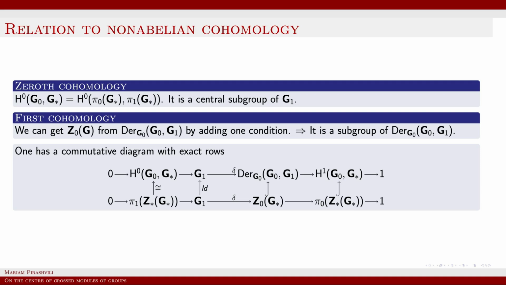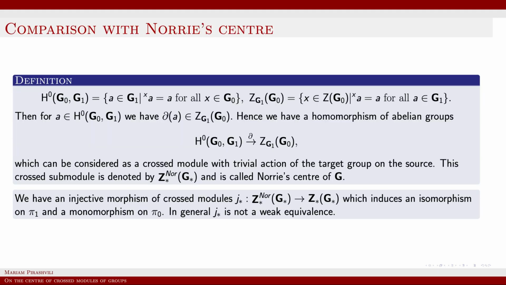Derivations are not exactly Z0, but if we add one condition... For derivations we had two conditions, whereas for the definition of Z0 we had three conditions. Some pages ago, I'm not going to go that far. So it's just missing one condition, so it's very closely related. And we can write this in a diagram. Here is Z0 and here are the derivations, and we have this nice commutative diagram.